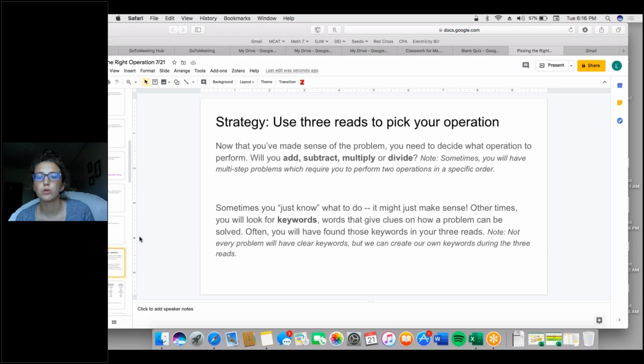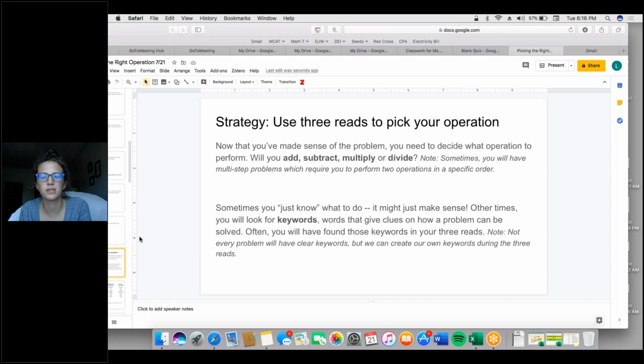In some problems, you just have to pick the operation and put the numbers together, but sometimes we also get multi-step problems, which involve more than one step, where we have to perform maybe 2 operations in an order. So sometimes we can only pick one operation, sometimes we have to pick 2. And when we do this, once you read it 3 times, the good thing is you have a good intuitive sense of the problem. You know what it's talking about.